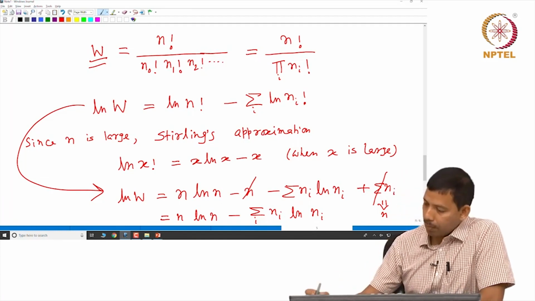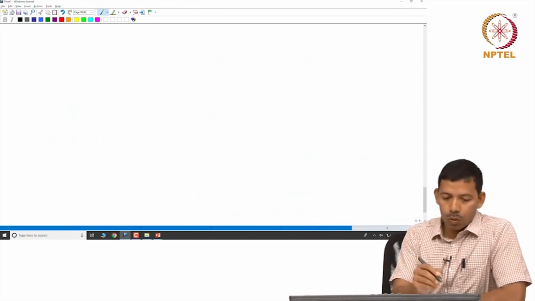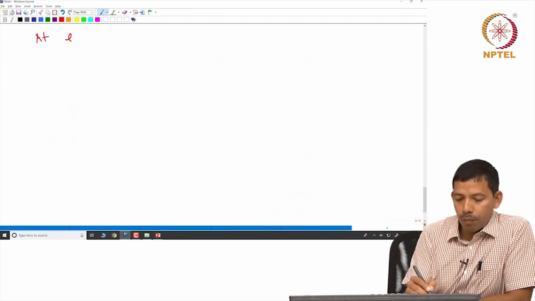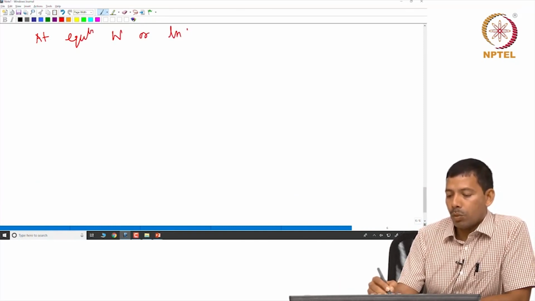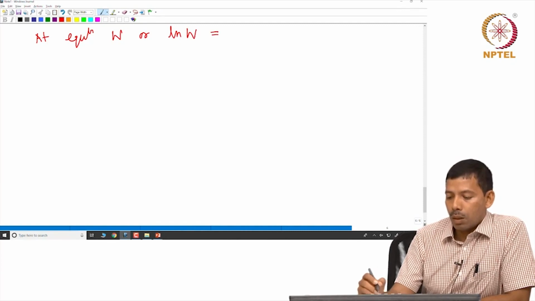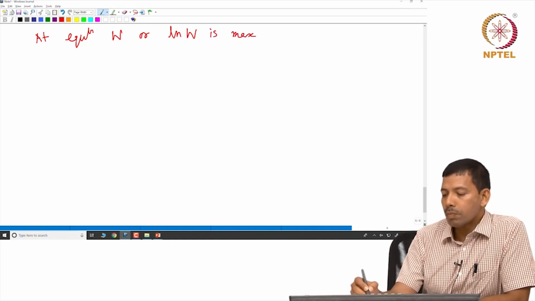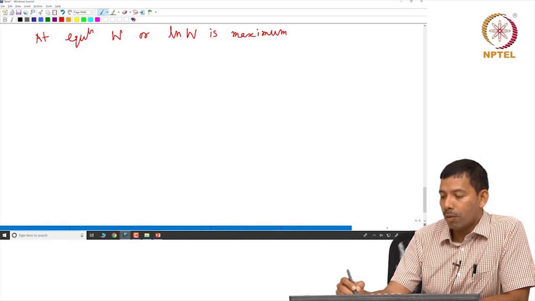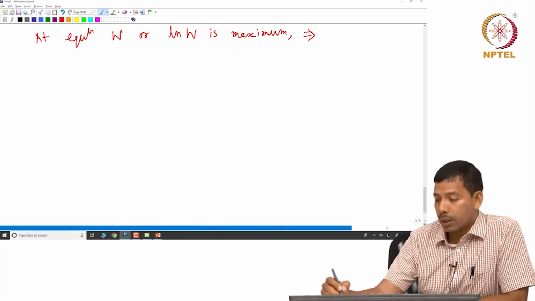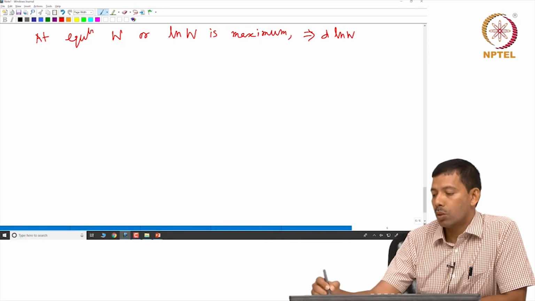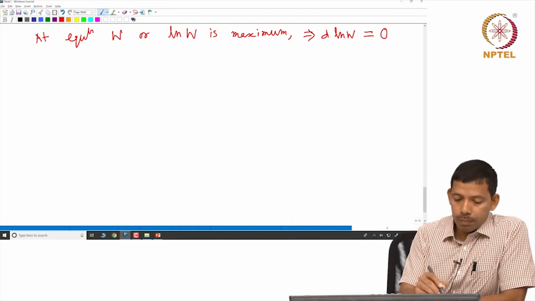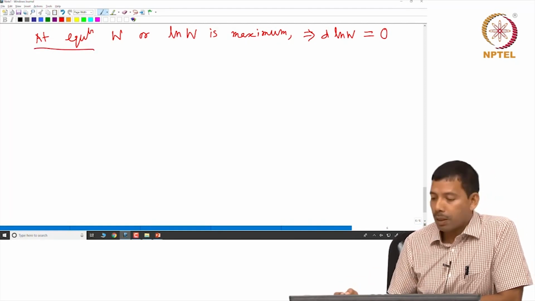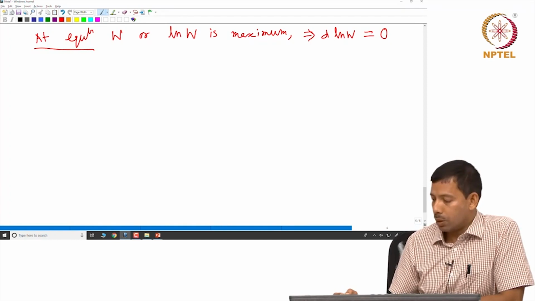So at equilibrium, W or ln W is maximum, and therefore if you take the derivative of that, d ln W would be 0.